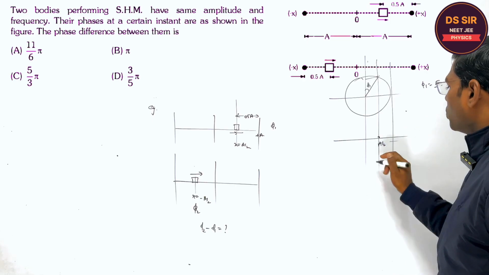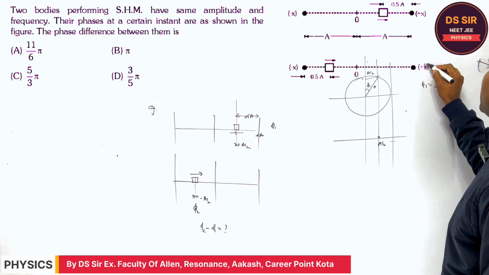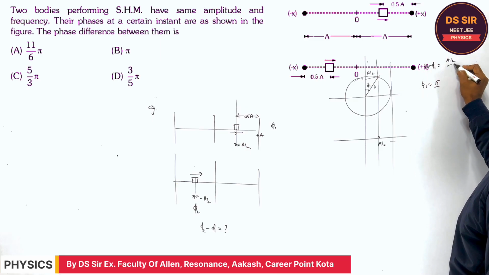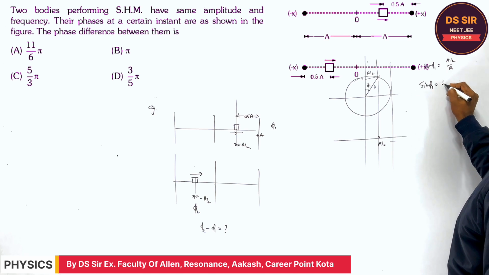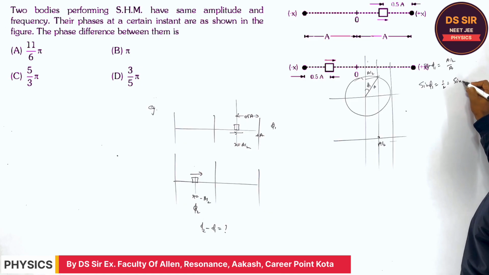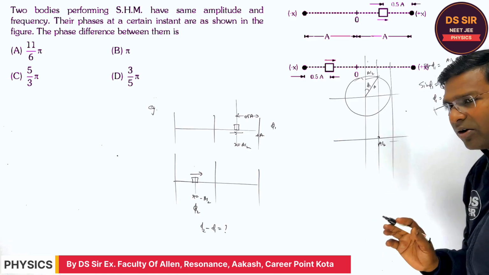This is a by 2 and this is a. Sine phi 1 is equal to a by 2 upon a. Sine phi 1 is what? Say 1 by 2. Yes, sine pi by 6. So phi 1 is pi by 6. Is it clear or not?